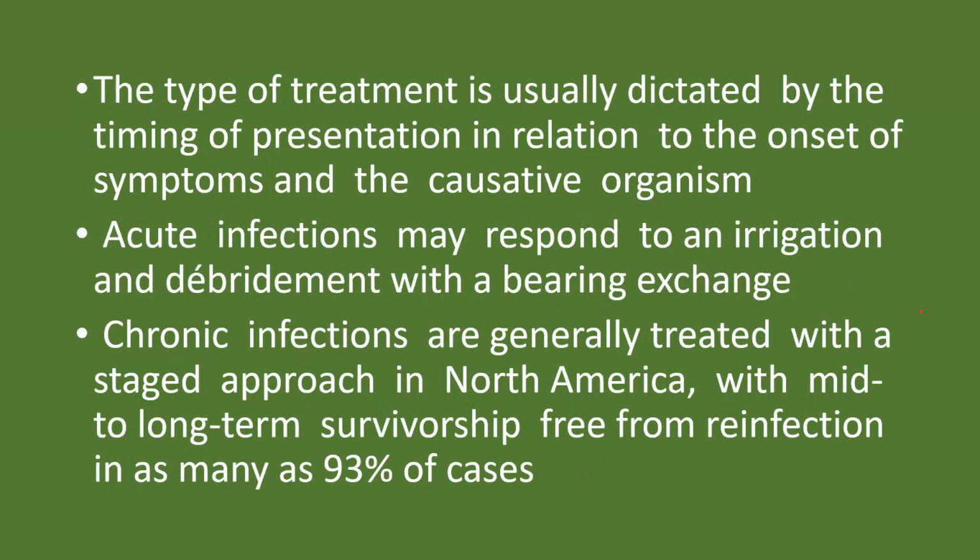The type of treatment is usually dictated by the timing of presentation in relation to the onset of symptoms and the causative organism. Acute infections, I repeat, acute infections may respond to an irrigation and debridement and bearing exchange.